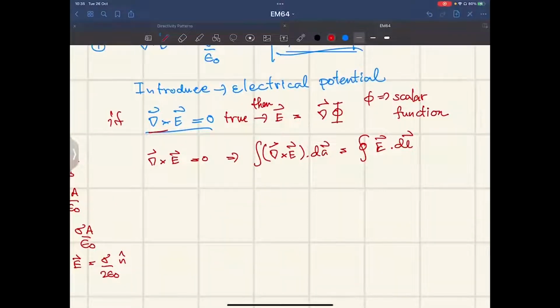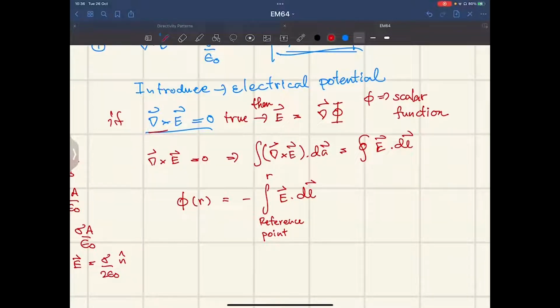From here we can say that phi of R is equal to minus the integral of E dot dl, from the reference point to where you want to find the potential.